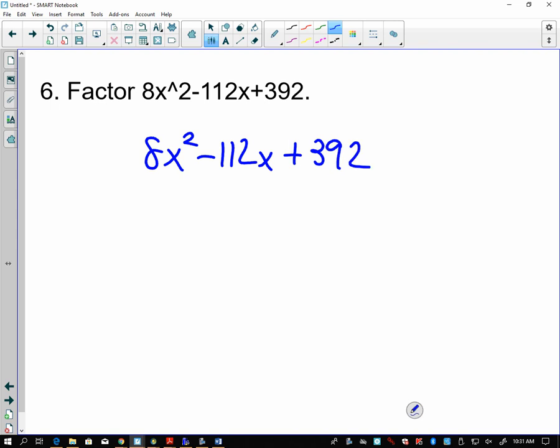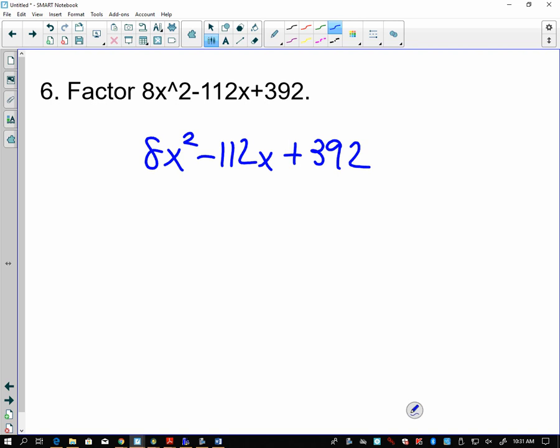Takers? What do you want to try to do first? Okay, notice how the first term is not just x squared, right? So what could you try to check and see is possible?